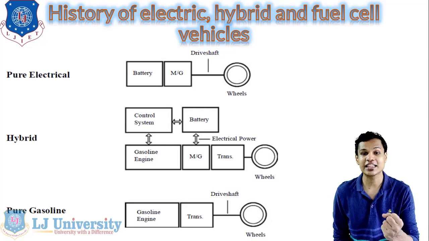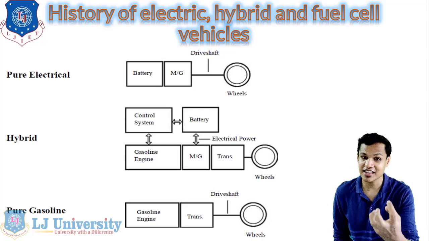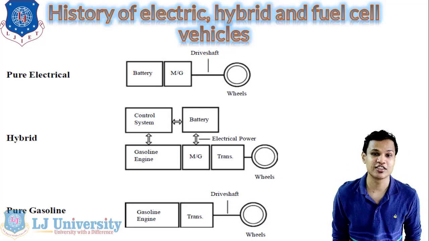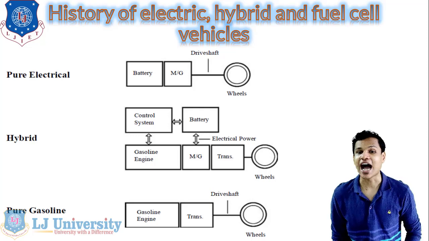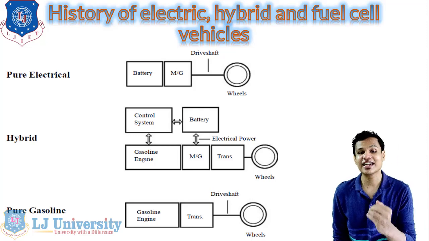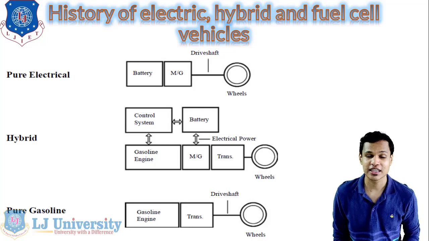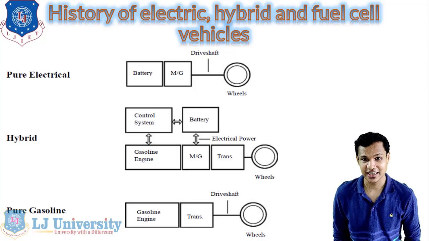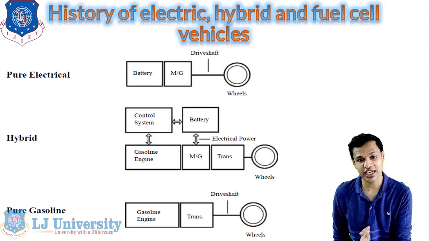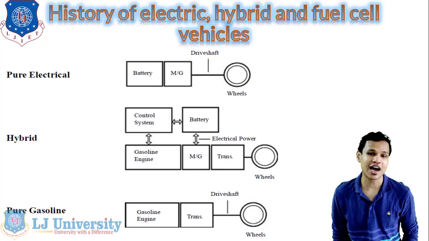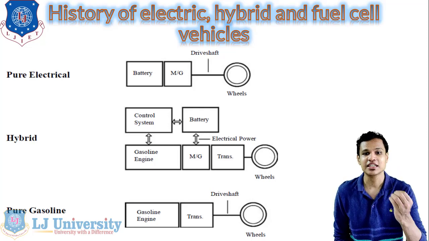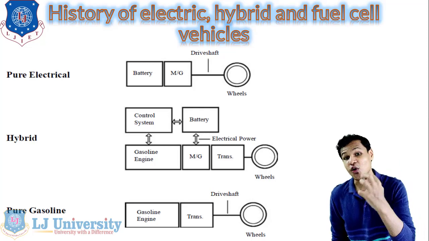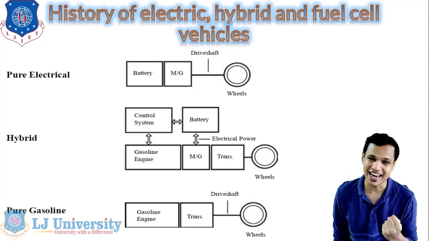So motor can take the power from the engine as well as battery as well, and that motor is further connected with our transmission system. So in the case of the hybrid vehicles, you are seeing that there is one extra component compared to the gasoline engine, that is the motor. Right. So engine is further connected with motor, and that motor further transmits the power with the help of transmission system, drive shaft, and finally to the wheels. Also motor gets the power from the battery as well.